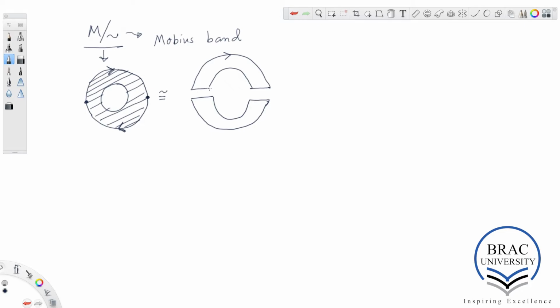Okay, so this side, this edge is going to be identified with this edge, and this edge with 3 arrows is going to be identified with this edge with 3 arrows. Okay, so we get exactly the same figure on the left after the identifications are made. Okay, it's clear.